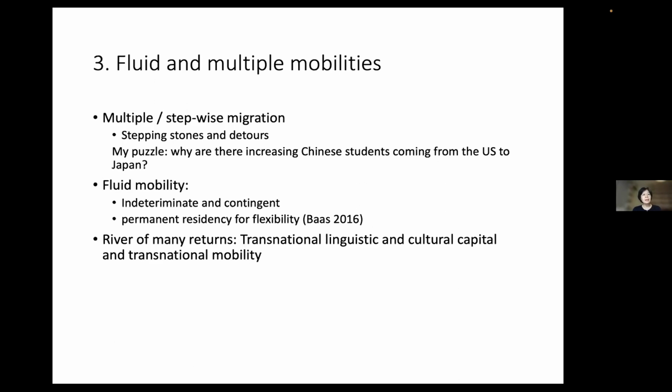Actually, the last mobility pattern I want to introduce here is the fluid and multiple mobilities. A lot of people take multiple stepwise migration. Stepwise migration is a term proposed by Andrew Paul from the National University of Singapore, and she used to be at Yale in the US.